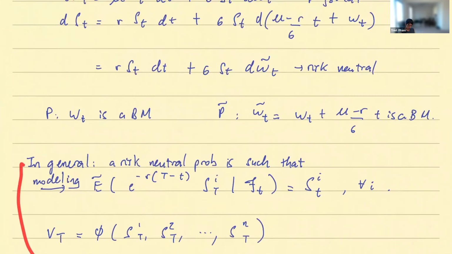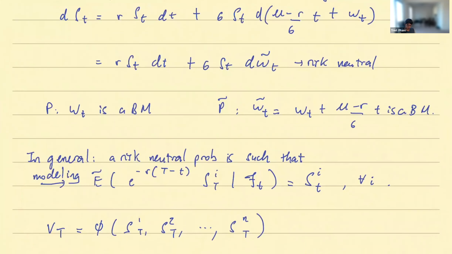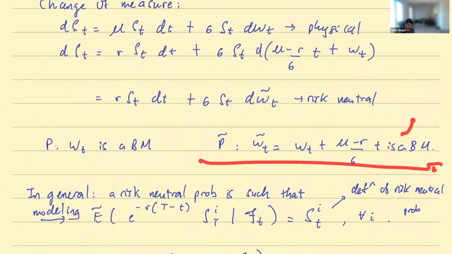You write down the model for your asset. You look to see if you can find a risk neutral probability that does this. So you can take this as the definition of risk neutral. In other words, risk neutral probability doesn't have to be this. It is this one because we are looking at the simplest Black-Scholes model.